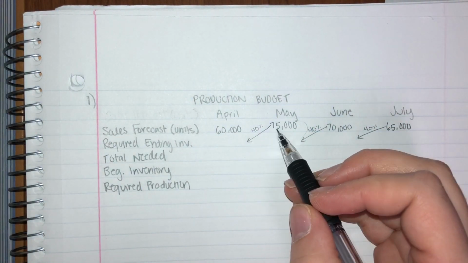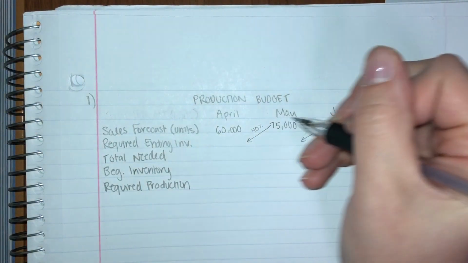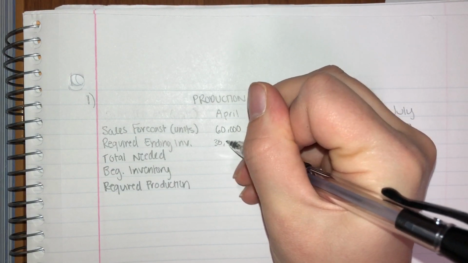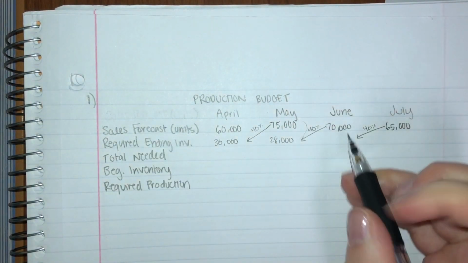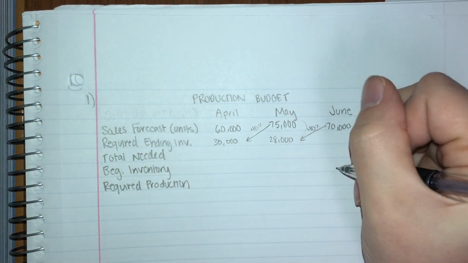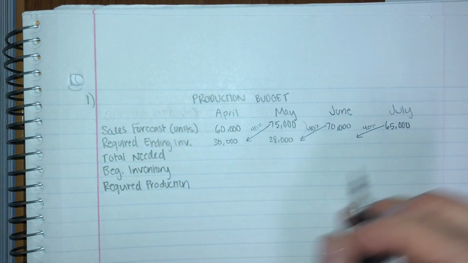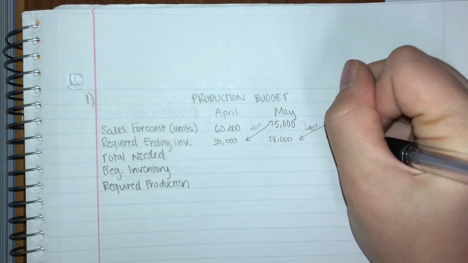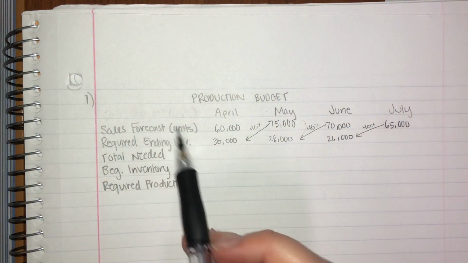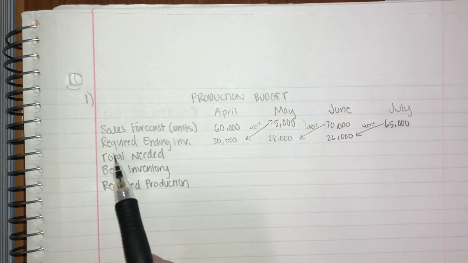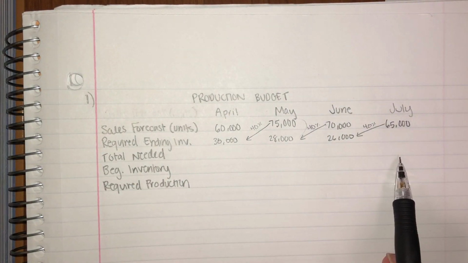So I'm just gonna fill these numbers in. So 75,000 times 40% is 30,000, and then 28,000 here, so that's 70,000 times 40%, and then 65,000 times 40% is 26,000. Okay, so now I have my sales forecasted units and I have my required ending inventory.